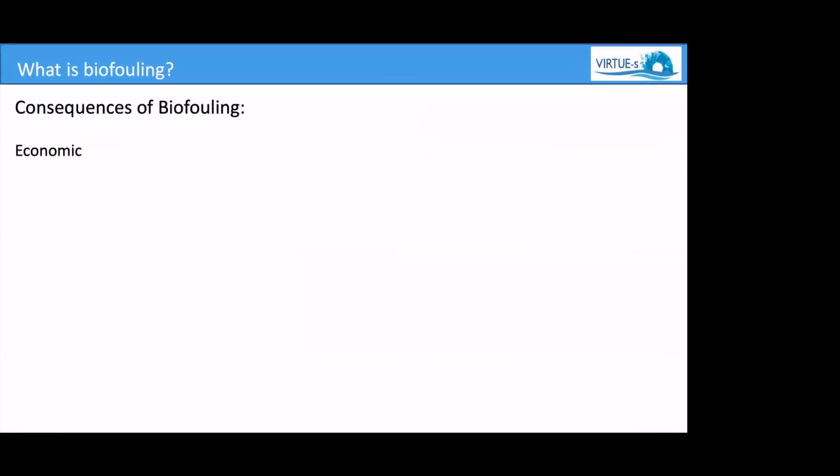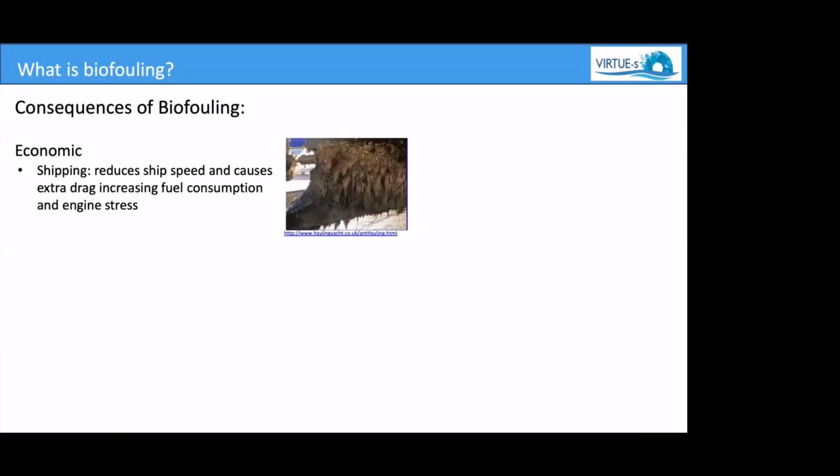Okay. So what are the consequences of biofouling? Most of them are economic consequences, like the ship hulls. You can see here a ship hull. It's almost unrecognizable because it's already full of fouling organisms.